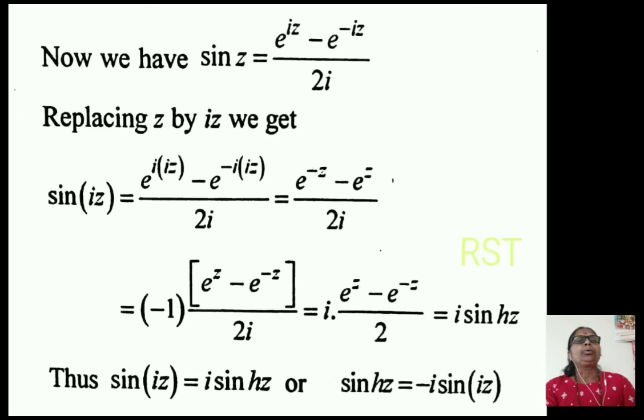Since sine hyperbolic z equal to sin of iz upon i, and upon i can be replaced as minus i square upon i. That is one term only, minus i remains.